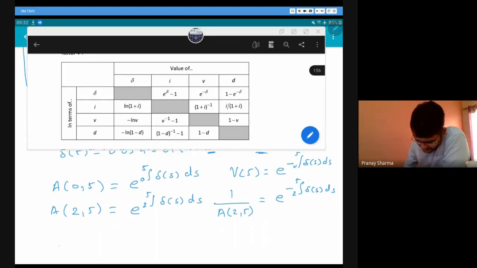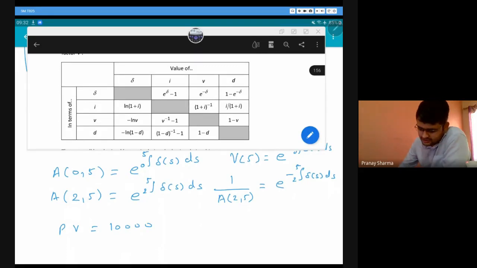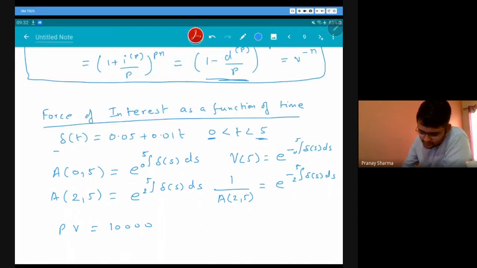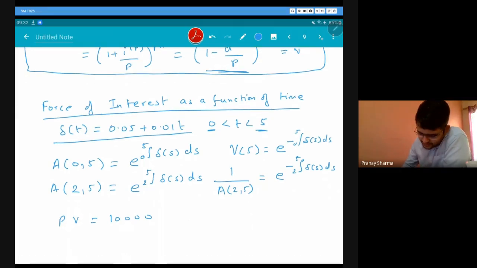So let's say you invested 10,000 rupees in my business, where I'm giving you force of interest at this particular rate. You invested at time 0 and we want to find the future value at time 5.